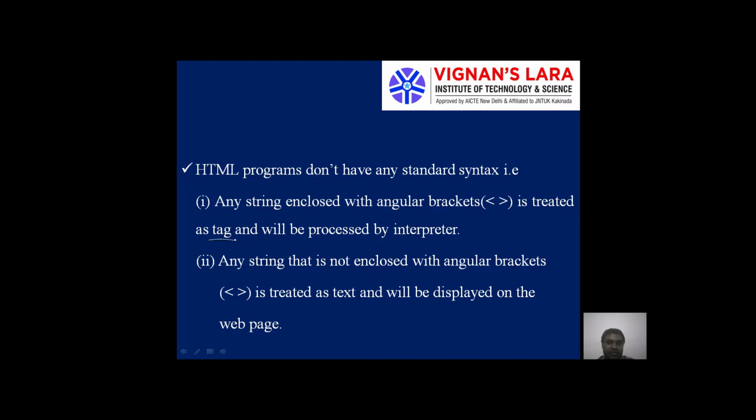The first one is tag. Whenever a web browser encounters a tag, that tag will be processed by your web browser. The second thing: whenever it encounters text, that text will be displayed on the output screen. So your web browser only knows two things, whether it is text or tag.